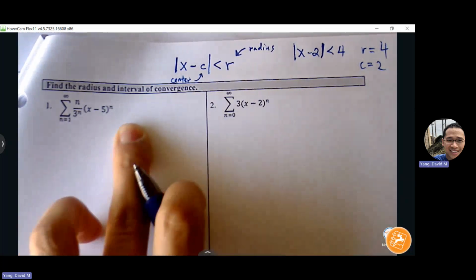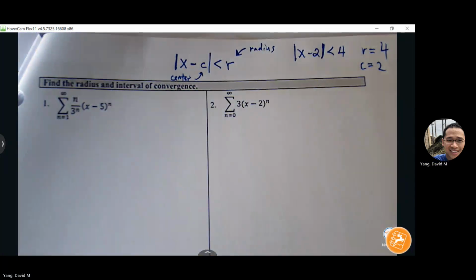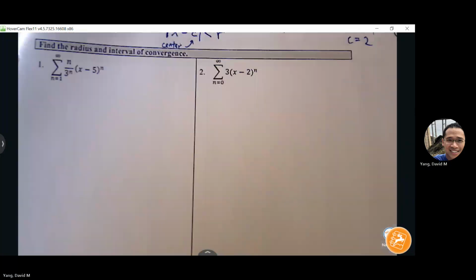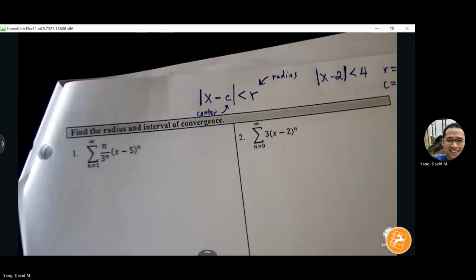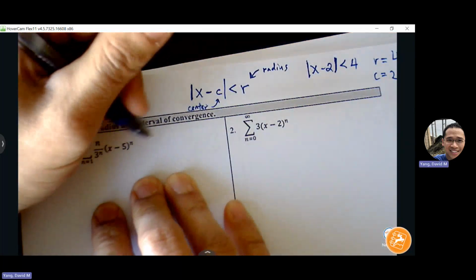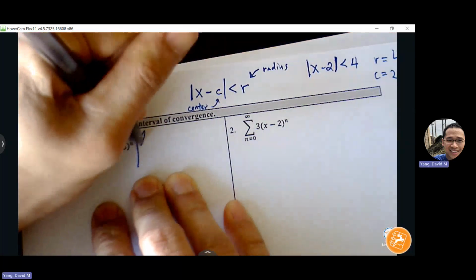Okay, so let's build this out here. We're going to be using ratio tests for all of these, and we're basically trying to find the x value that will allow us to have convergence. So we'll do the limit as n approaches infinity.